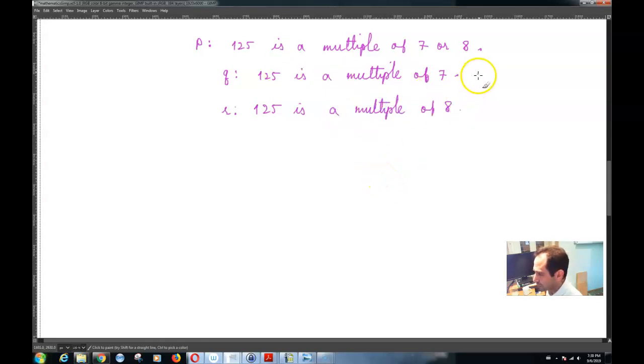Now, of course, this is false, and also this is false. Both of them are false. So the compound statement P is false, right?